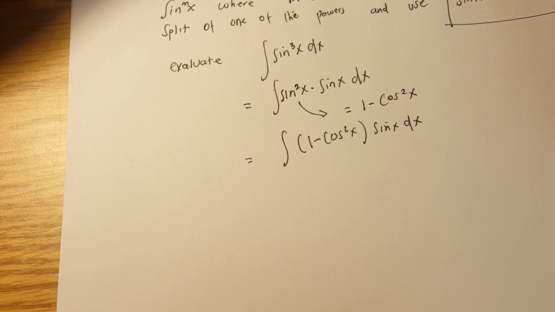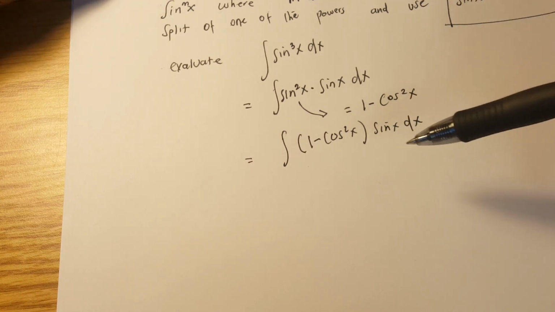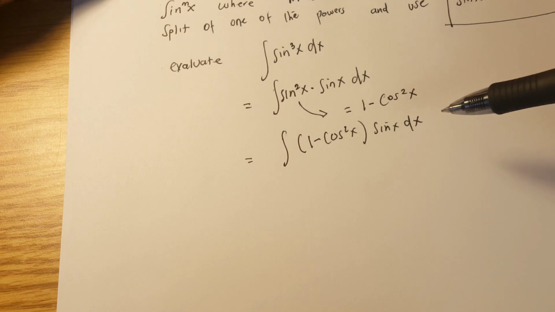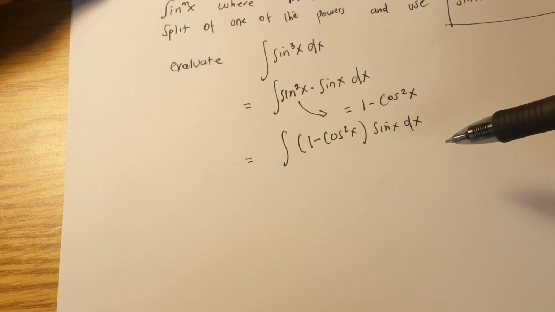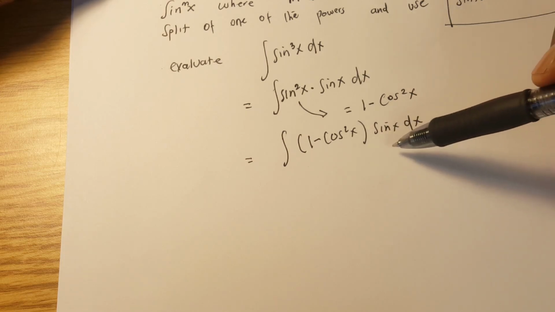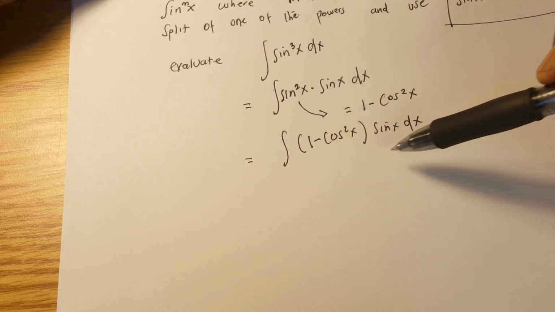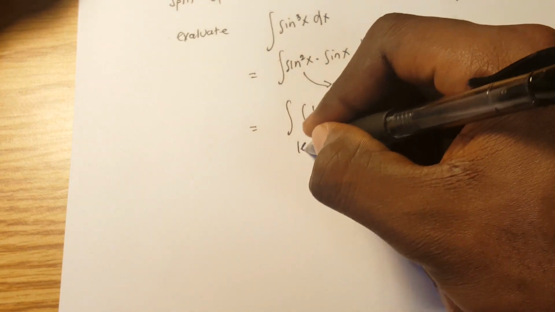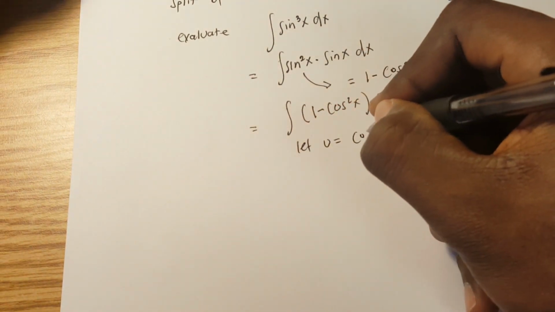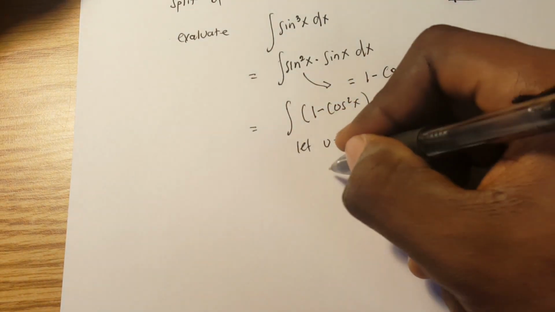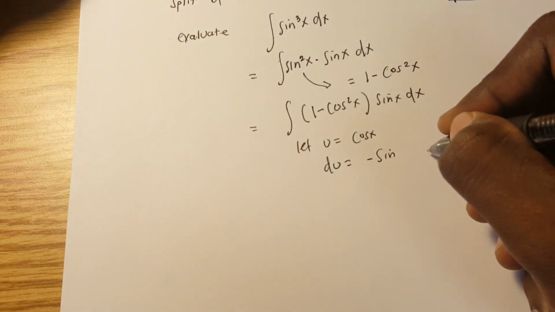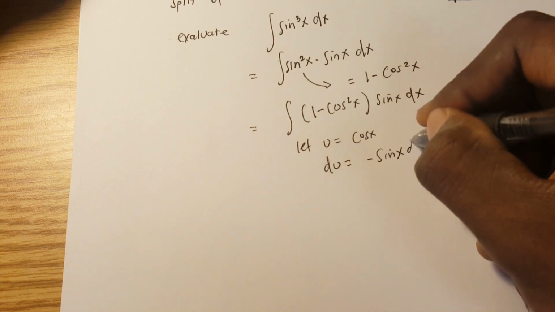We know that if you differentiate cosine, it gives us minus sine, and we have sine over here. So that should give us a clue that u substitution will work here. We will let u be equal to cosine of x. Our du will be equal to minus sine of x dx.